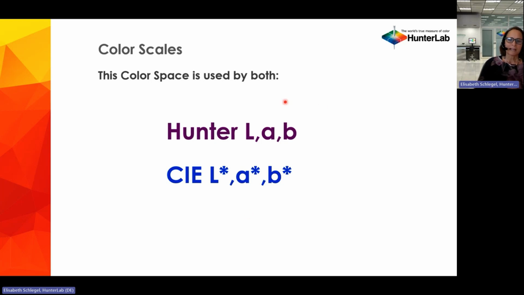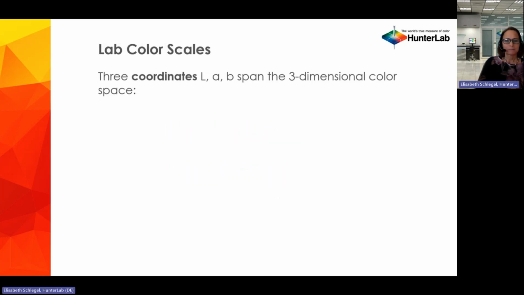Short LAB is HunterLab, and L star, A star, B star is the LAB from CIE, the Commission Internationale d'Éclairage, the Commission for Lighting. So we have 2 color scales, but why do we have them? Well, just a moment. First I go into how these LAB scales span the 3-dimensional color space.